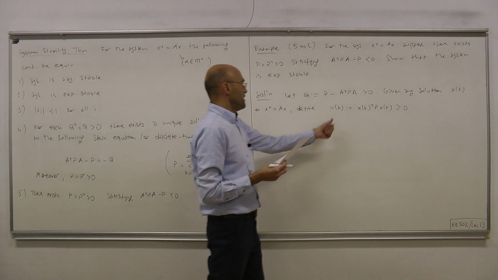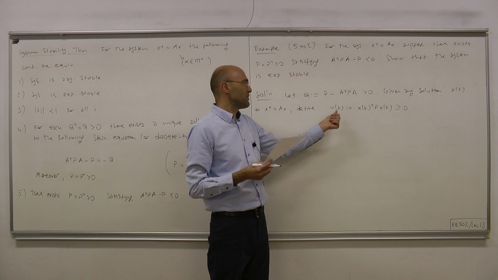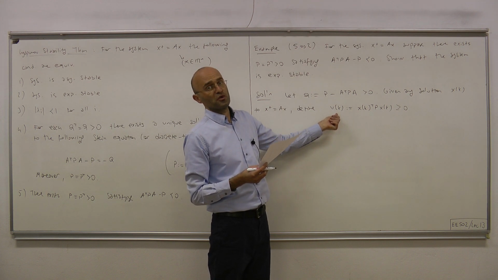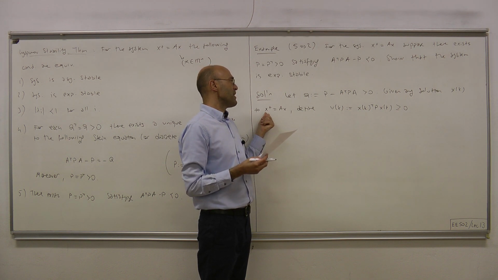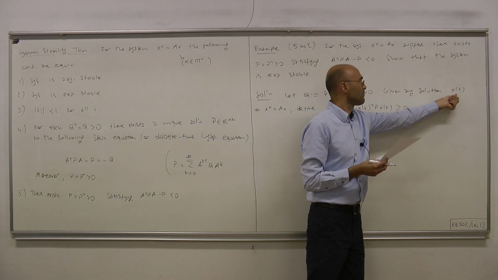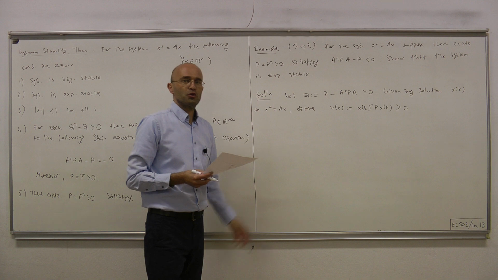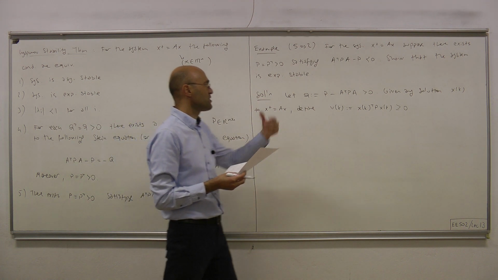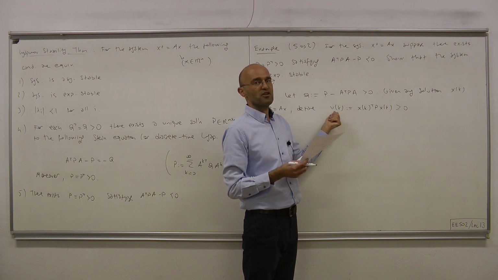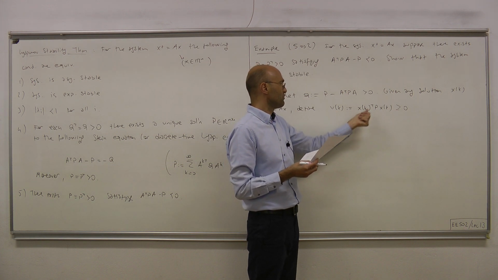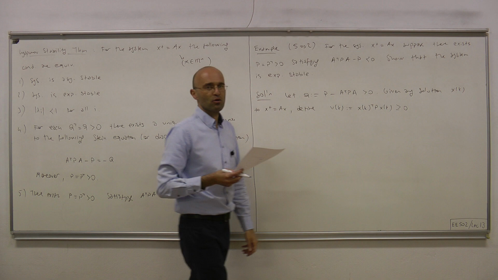Now, we did the same thing until this point for the continuous time. For the continuous time system x dot equals A x, we started with an arbitrary solution, x of t, and using that solution and P, we constructed the scalar function v of t, which was x of t transpose P times x of t.